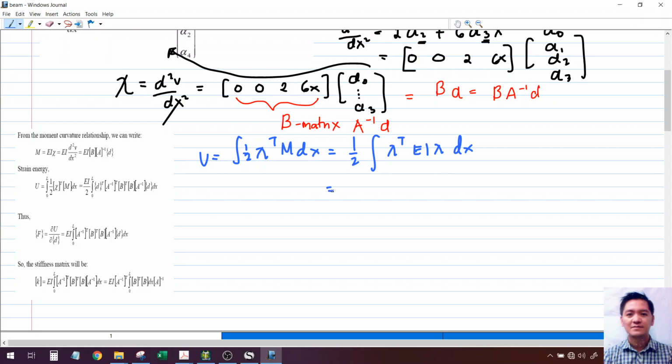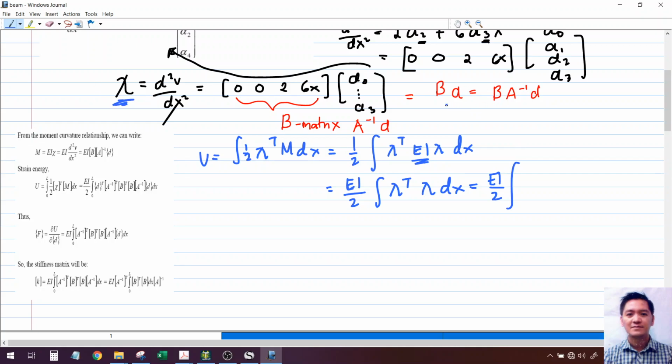Okay. Equals, dahil EI is constant, EI over 2 transpose dx. EI over 2. What is transpose of that? What is this? Ito, no?